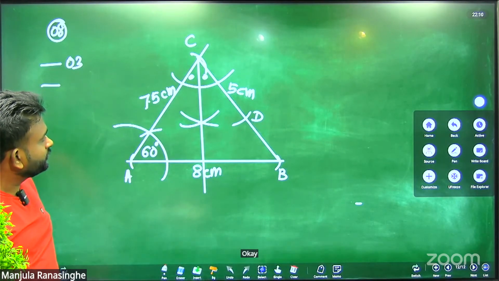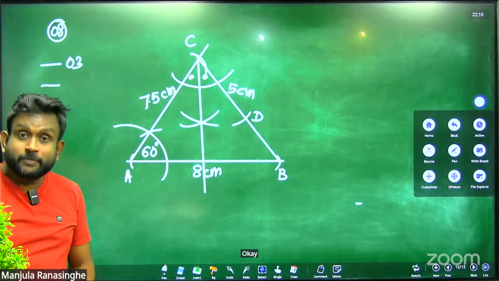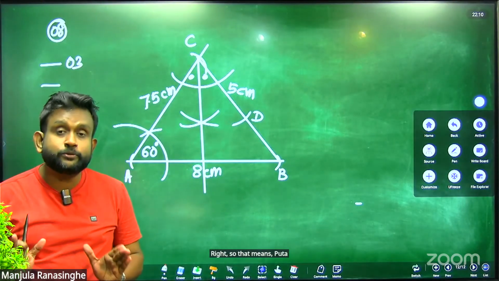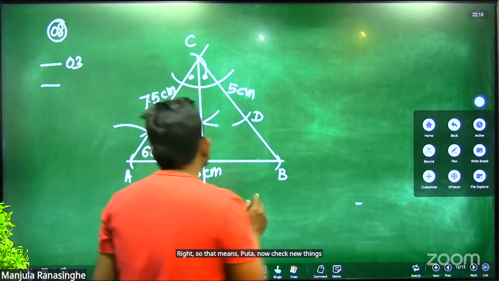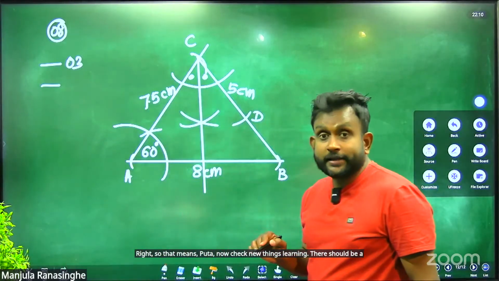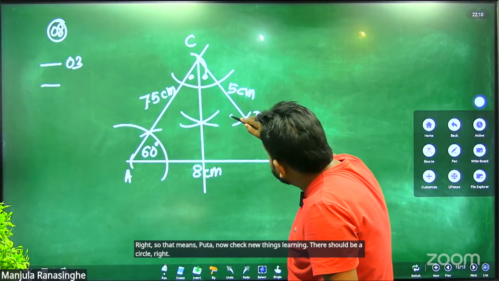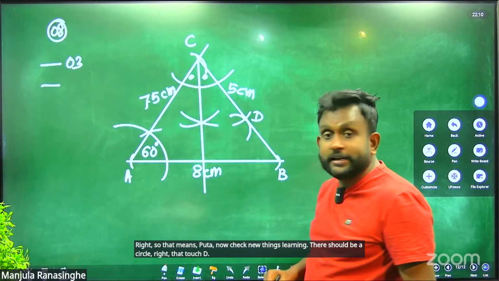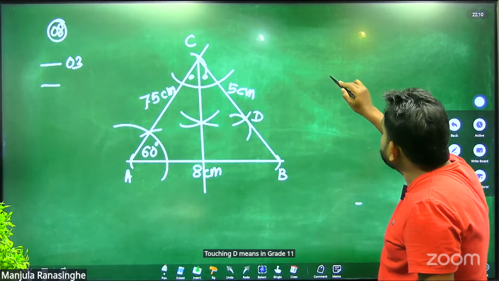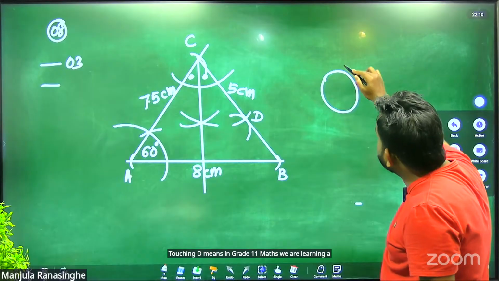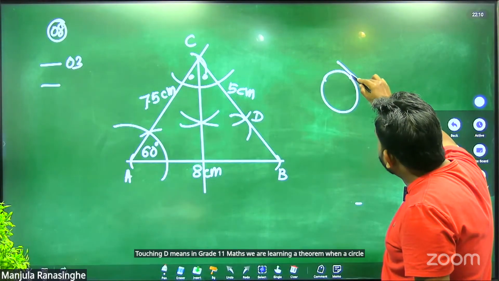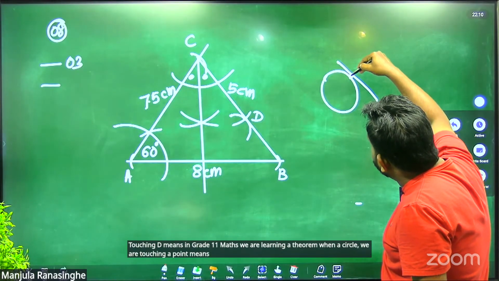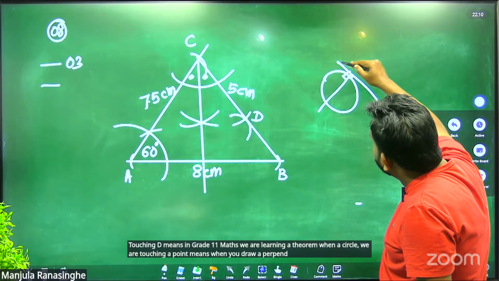Okay, right. So that means, now check the new things we are learning. There should be a circle that touches D. Touching D means, in grade 11 maths, we are learning a theorem. When a circle touches a point, when you draw a perpendicular, it comes as a tangent.